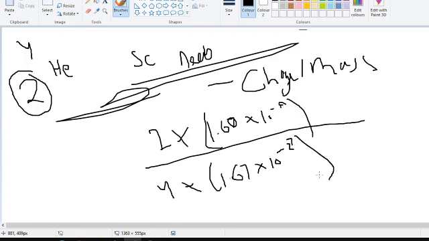These give very big results, because the -19 and -27 are very different in magnitude. So in this case the answer, to 2 significant figures, is times 10 to the 7. Brilliant. And that is the whole basis of specific charge.